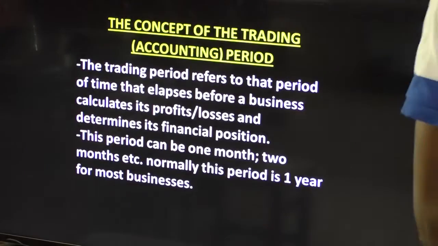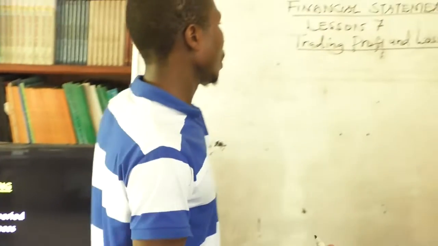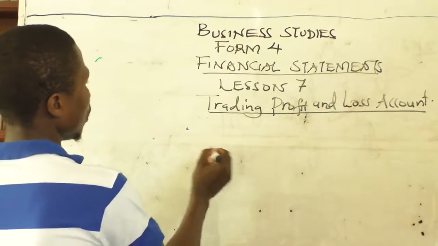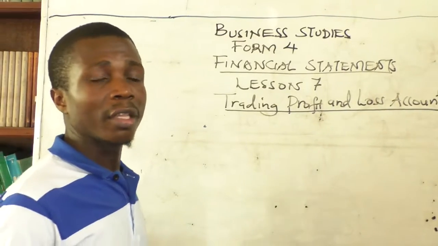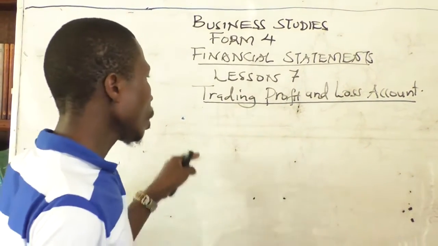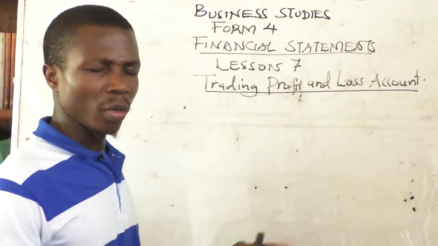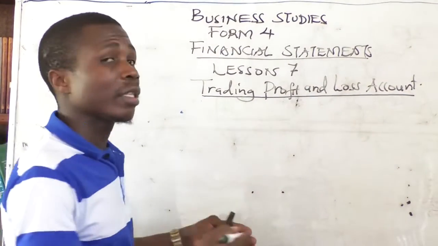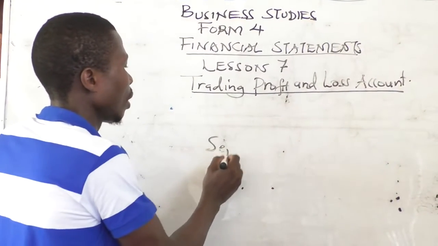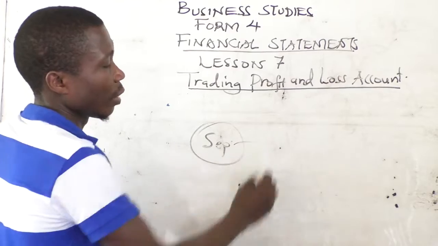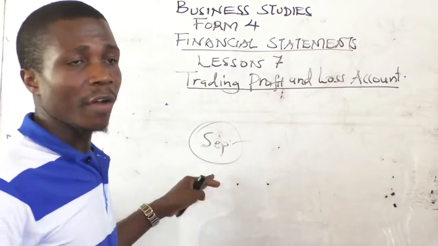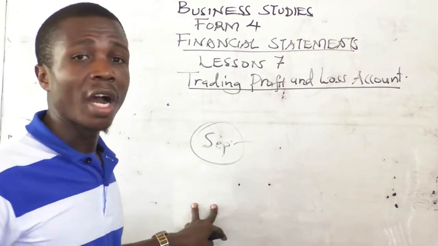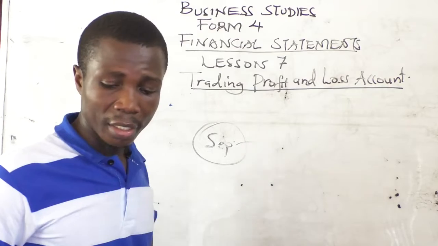When you say that, maybe somebody is calculating the profit of the business, and the duration that elapses before a business calculates its profit, maybe it could be September of every year. Some people may do it after 1 month, some after 2 months, or some people may do it yearly.